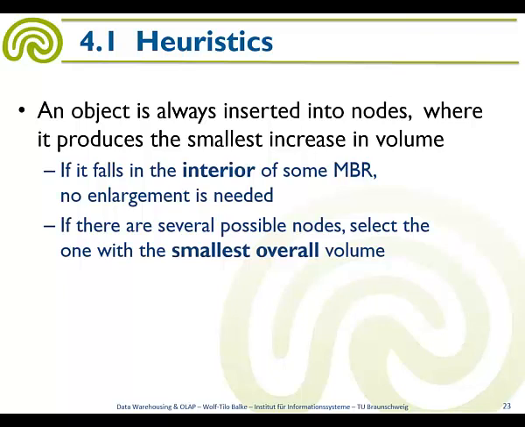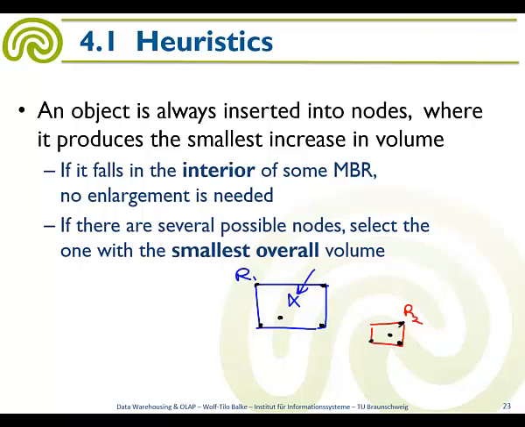So the perfect thing is if you have a minimum bounding rectangle like this, R1 and R2, and you have points here and points here. And the new point that you're going to insert is right in the middle. So this is perfect. It just fits directly into the cluster that you have. You don't need to grow anything, so no decision as to which cluster to contain it in, because it's already within a cluster.